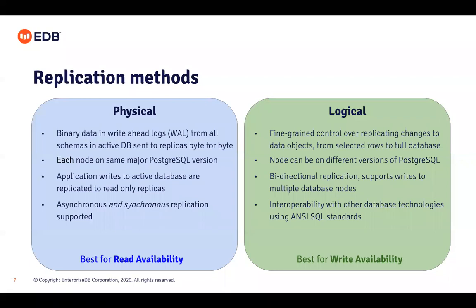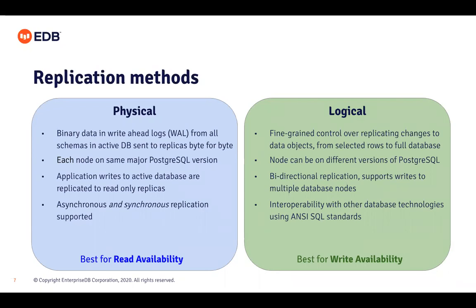And again, since we're operating at that more logical level, the database nodes can be on different versions of Postgres. The replicas could be on a different major version than the master node, for example. Also important, where physical tends to be unidirectional, logical is bidirectional.